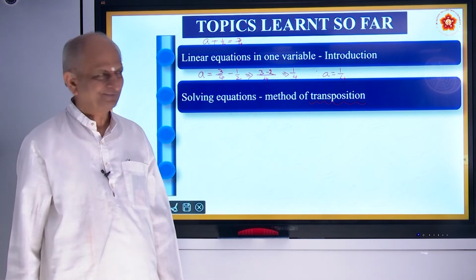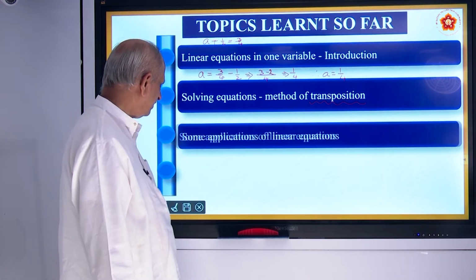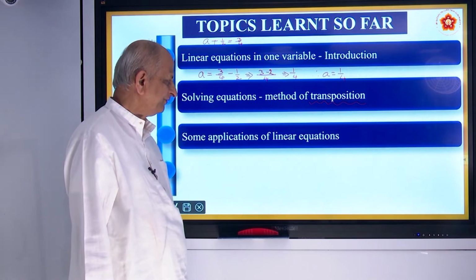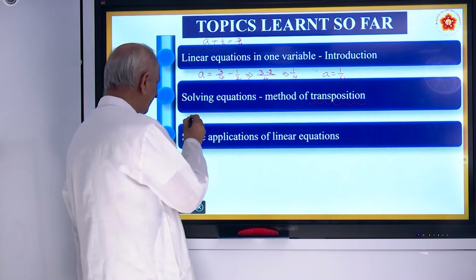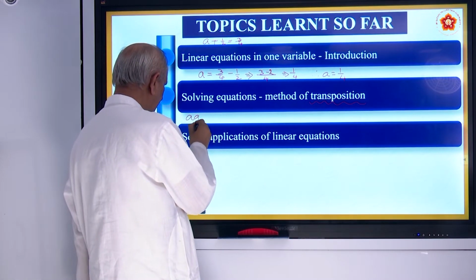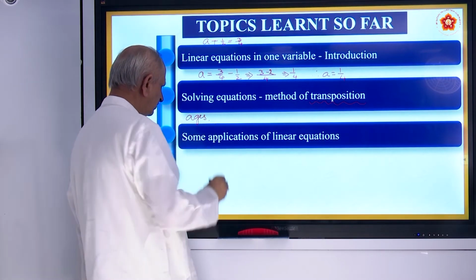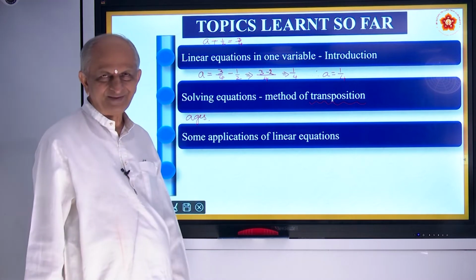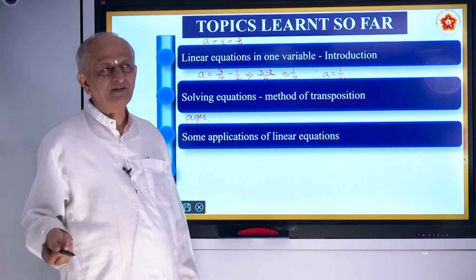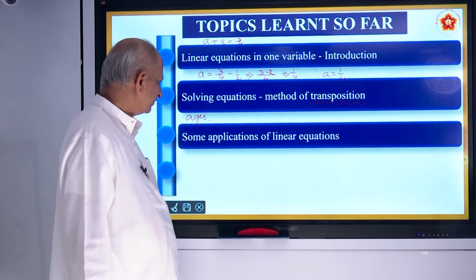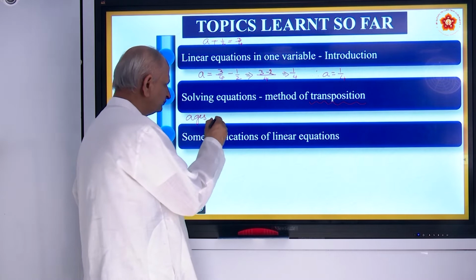And also we have studied applications of linear equations. The other day we had examples on ages, ages of Rama, Krishna, like that, comparison of ages of grandfather and grandson. So for ages it is helpful.